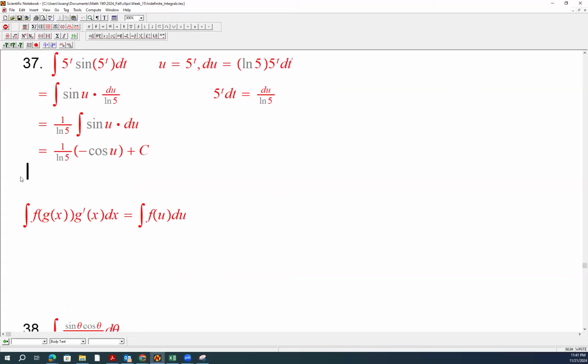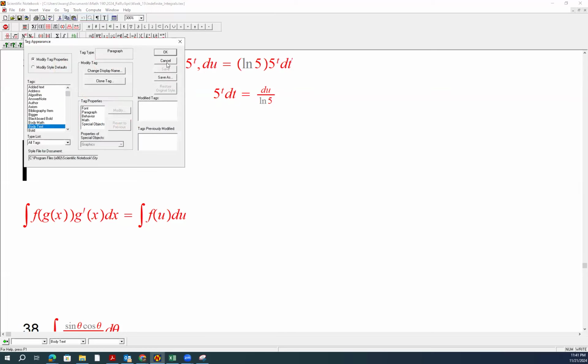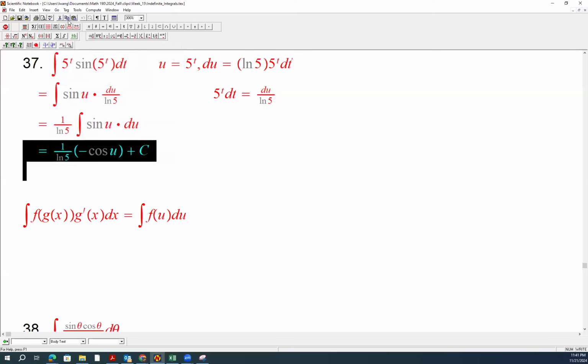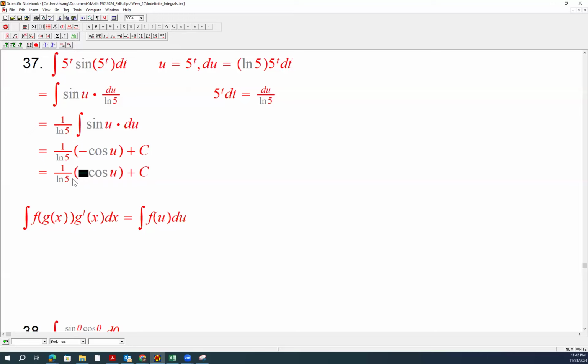To wrap up this question, there's a negative sign. I'm going to put it in the front.